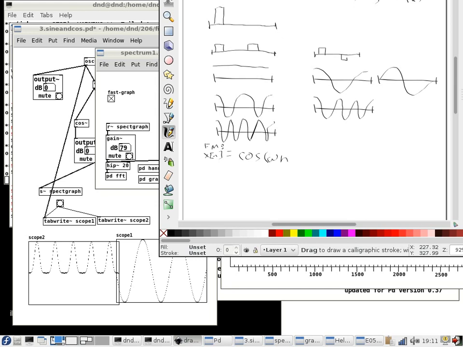Now what we're going to do is have a carrier signal. So we're going to say cosine omega n, but instead of just closing the parenthesis and making a sinusoid, we're going to add an index k times another sinusoid which has a different frequency. Usually people say this is the carrier frequency, and this is going to be a modulator frequency.